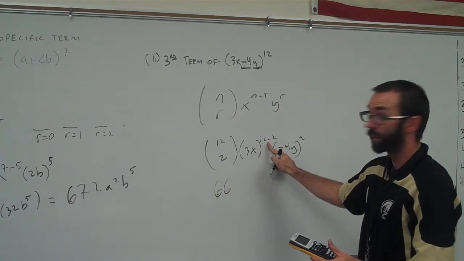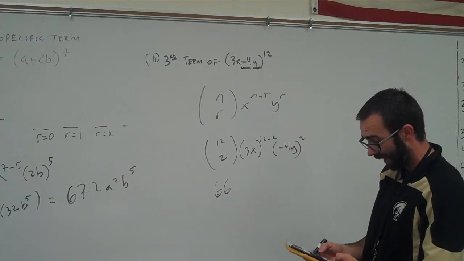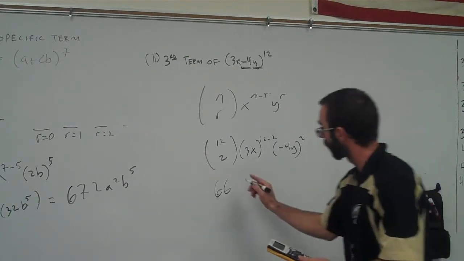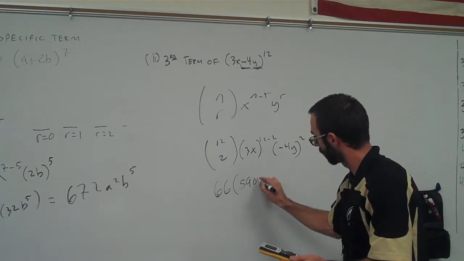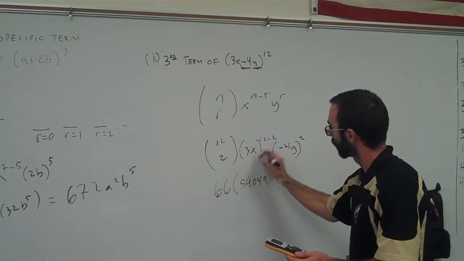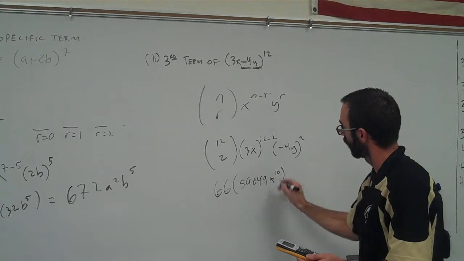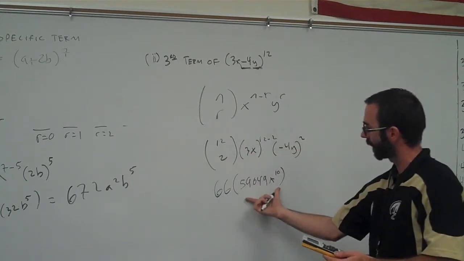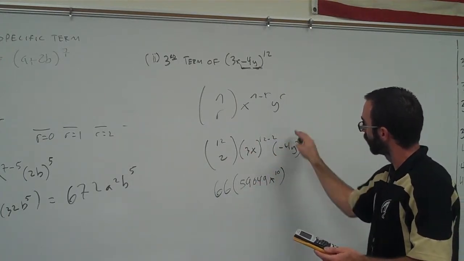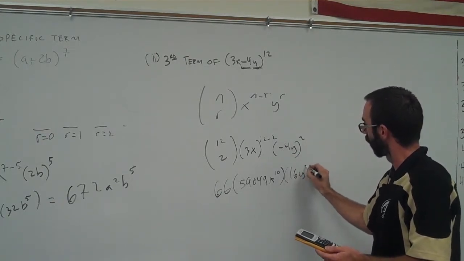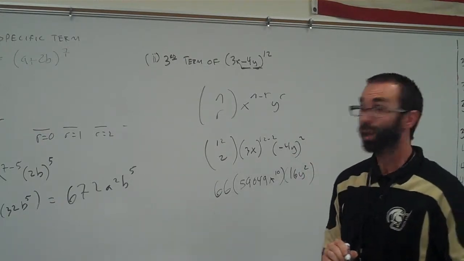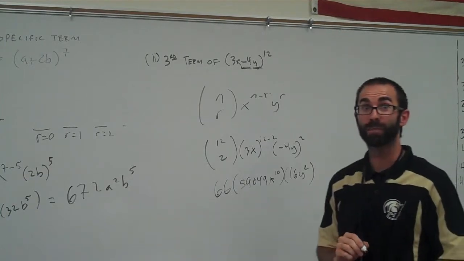Now 3 to the power of 10, a big old thing right here, is 59,049. And don't forget to also raise that x to the power of 10. Then we need negative 4 to the power of 2, which is 16y squared. Glad we didn't use Pascal for this.